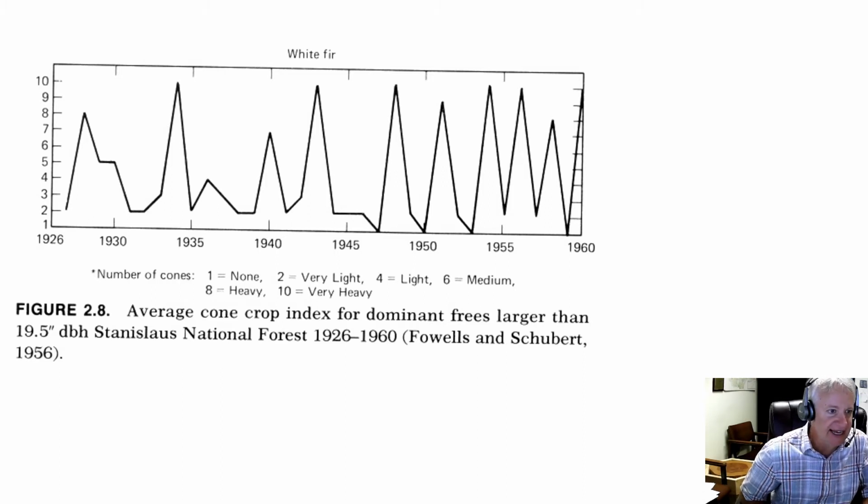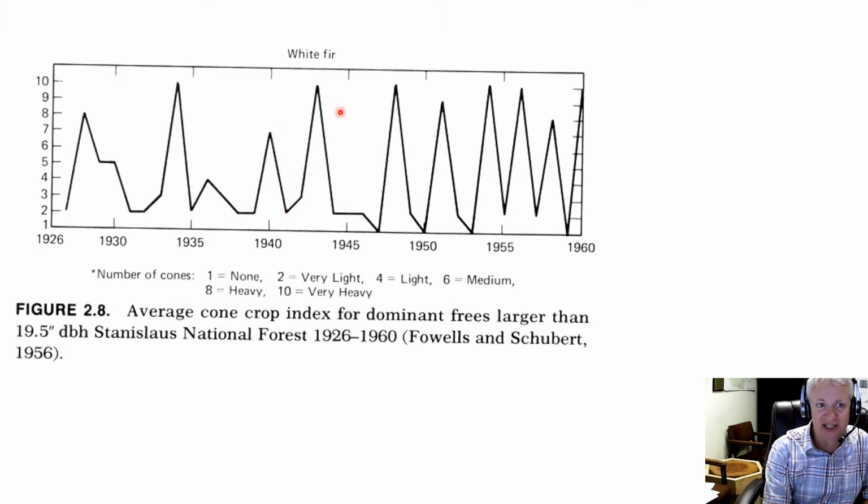So this is an example of cone production in white fir, documented over a period of several decades. What you can see is that basically years of high cone production vary with years of very low cone production.